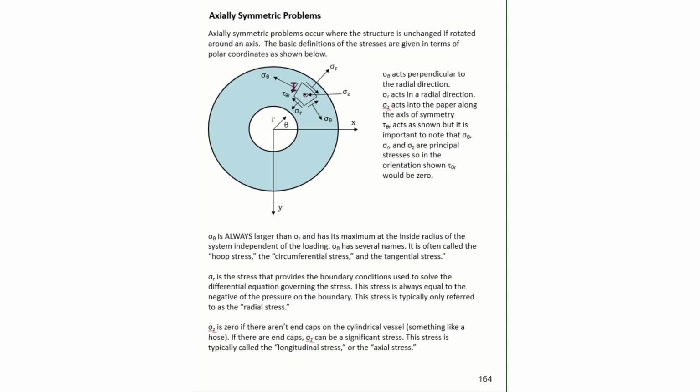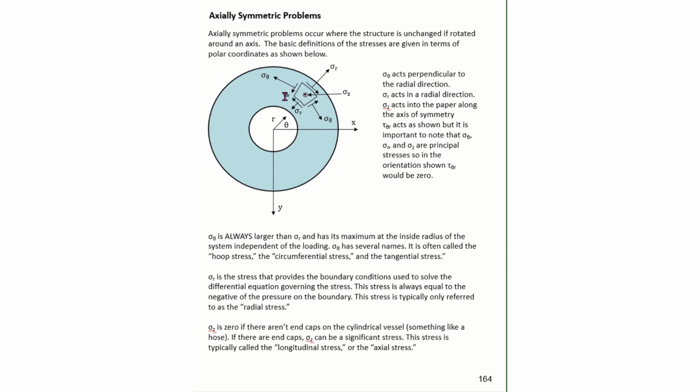I'm showing here a tau theta r, where the tau theta r is the tau on the theta plane and in the r direction. This is a shear stress, and it's simply called tau theta r or the shear stress. Other names are not typically used.